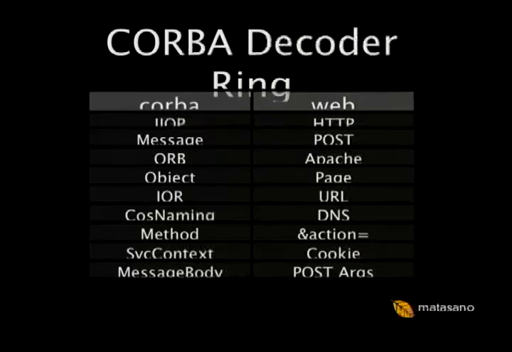Serves exactly the same purpose, works exactly the same way in a binary protocol, but is exactly the same idea as an HTTP cookie. And then CORBA has a message body, and POSTs have POST arguments. The point here is that all the attacks that you use to break a web application, putting metacharacters in, trying SQL injection, trying to go directly, this works everywhere, right?